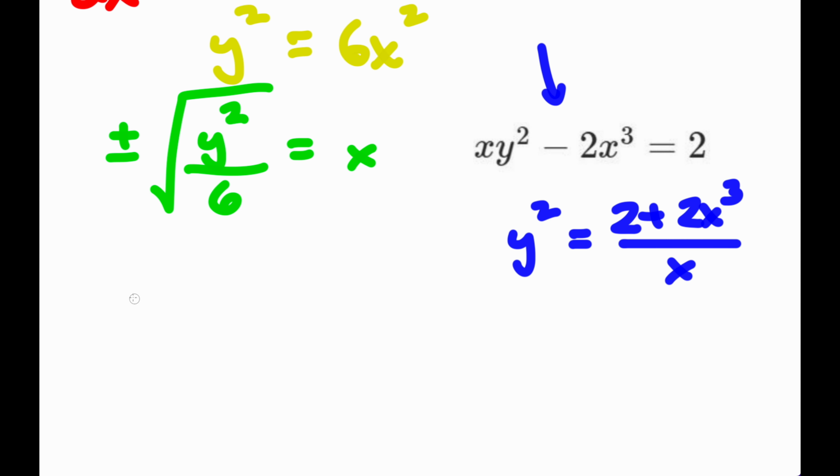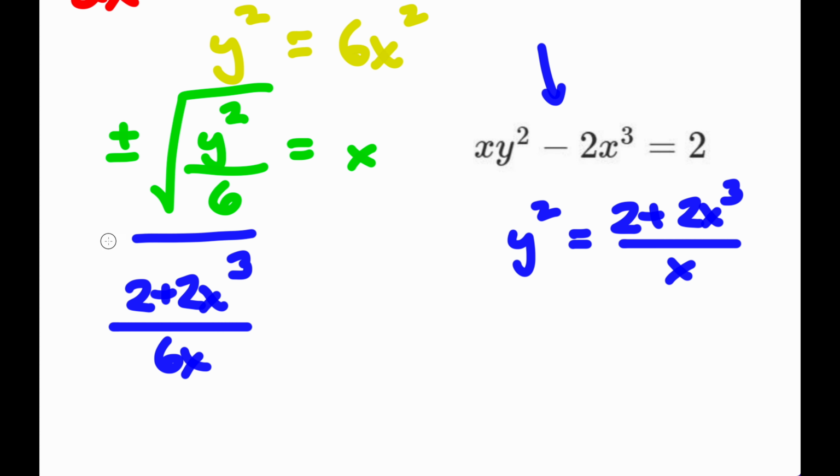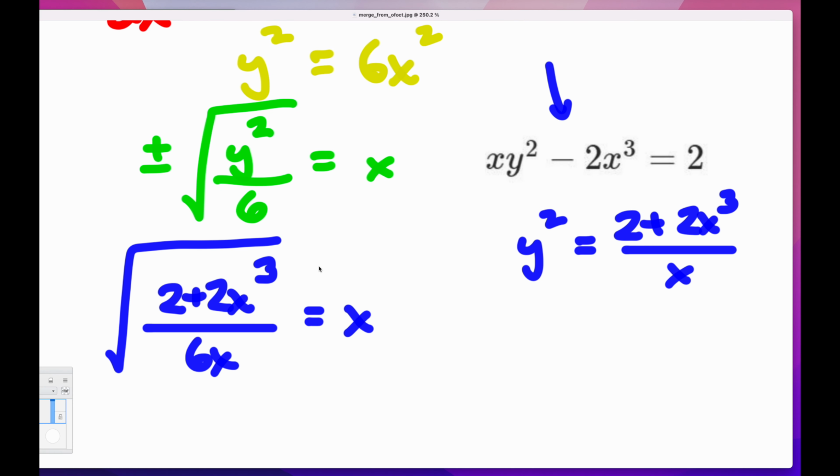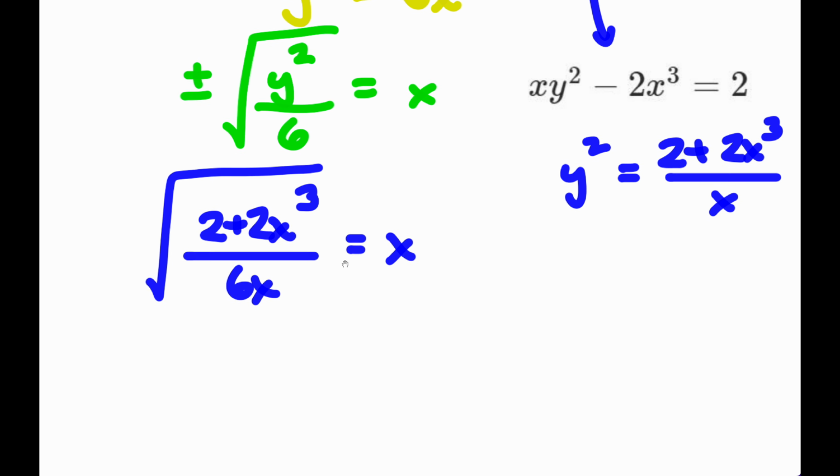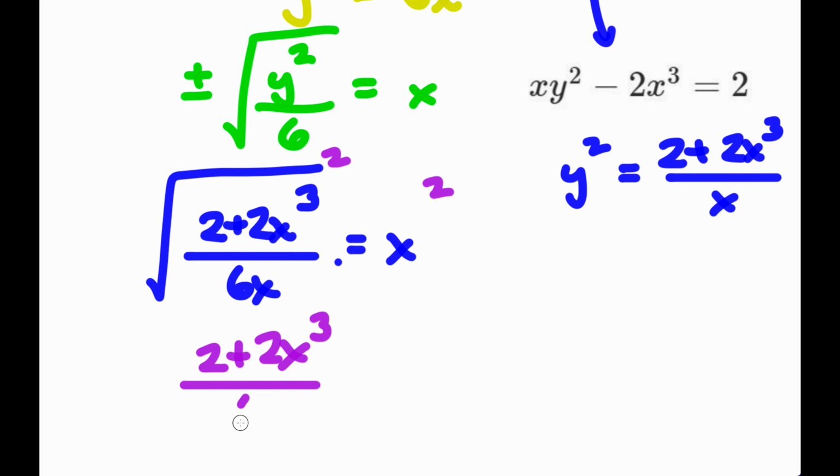So we have the square root of (2 plus 2x cubed) over 6x is equal to x. Okay, forget the plus or minus for now because we're going to be squaring both sides. And you end up with (2 plus 2x cubed) over 6x is equal to x squared.